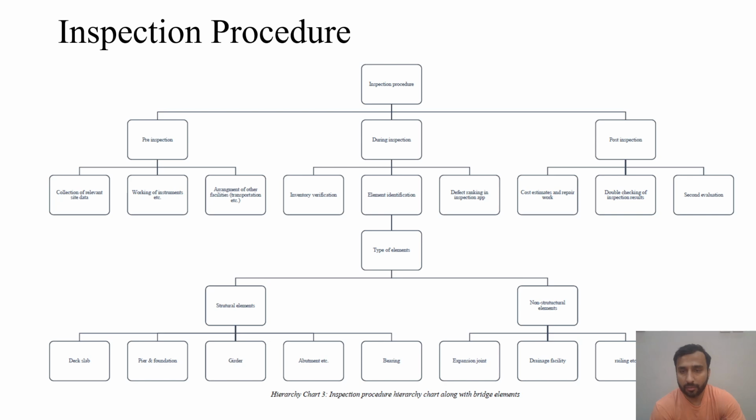The working of the instruments is also important, because the charging of the batteries and the functionality of the cameras and such things need to be verified before going for inspection. Arrangement of other facilities includes having a helper with you, a car and driver, and so on, so that you can easily reach and execute the planned activity for the bridges you intended to visit.